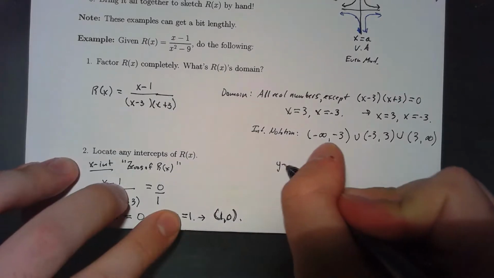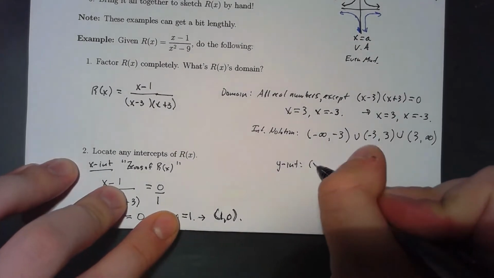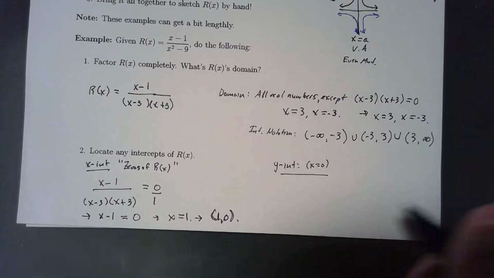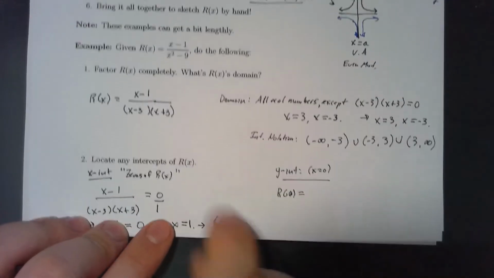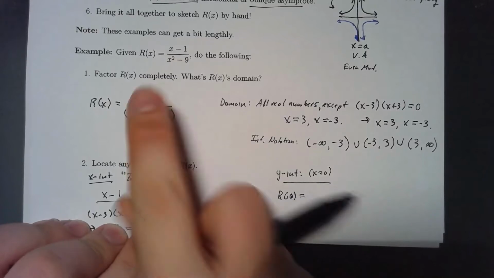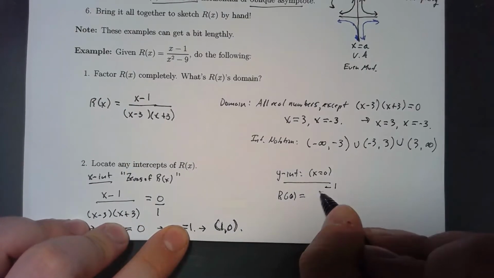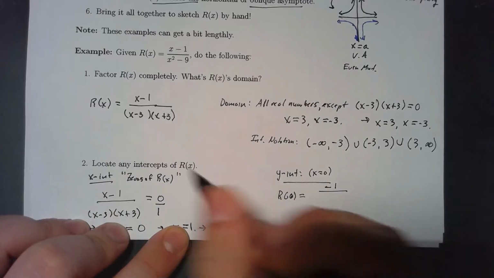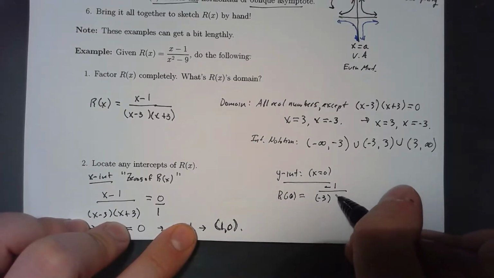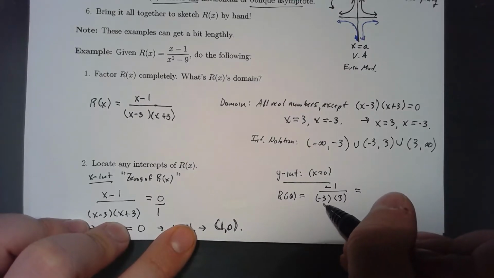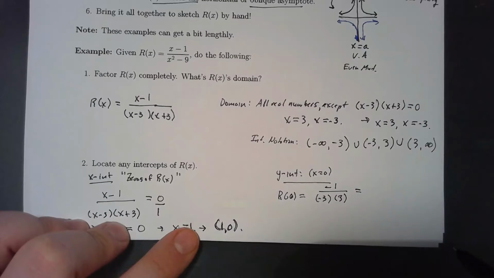Now let's look at the y-intercept. That's when x equals 0. Just plug 0 into your function. When you plug in 0, you get 0 minus 1, which is negative 1, divided by 0 minus 3, which is negative 3, times 0 plus 3, which is positive 3. So negative 1 over negative 3 times positive 3, which is negative 9.